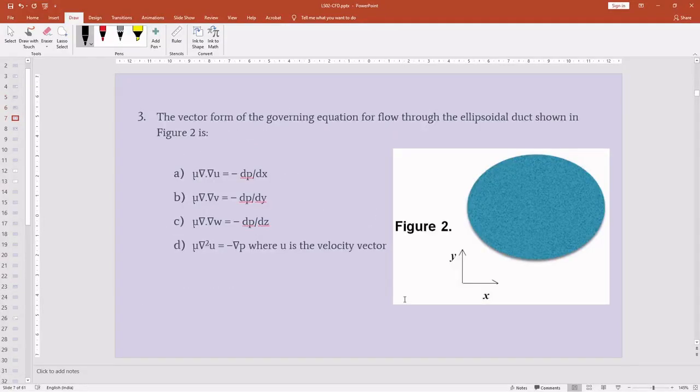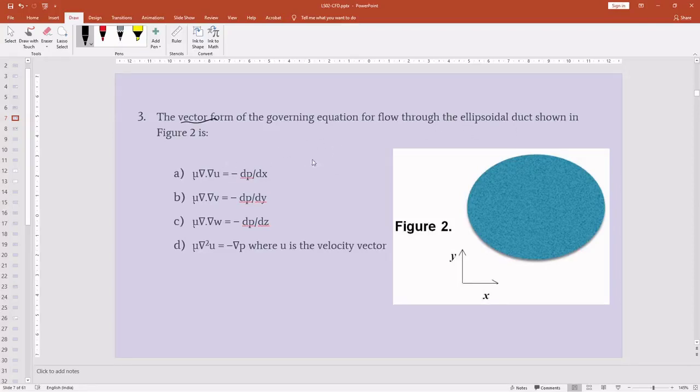So moving forward to the next question. Here we have an elliptical duct. The question is, what will be the vector form of the governing equation for the flow through the ellipsoidal duct shown in figure 2? The catchphrases or terms you should notice in the question are, first, vector form, and second, ellipsoidal duct.